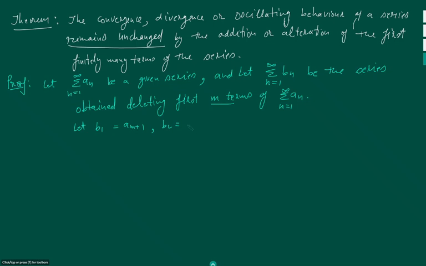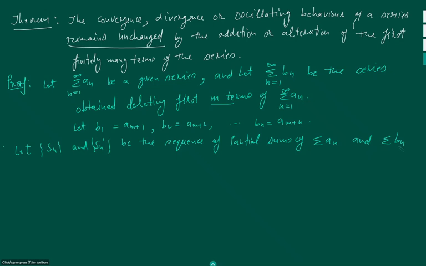The second term of the series bn is a(m+2), and similarly bn would be equal to a(m+n). So let Sn and Sn dash be the sequences of partial sums of the series an and the series bn respectively.